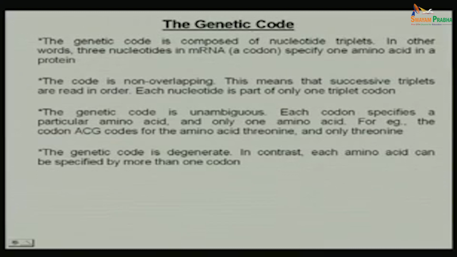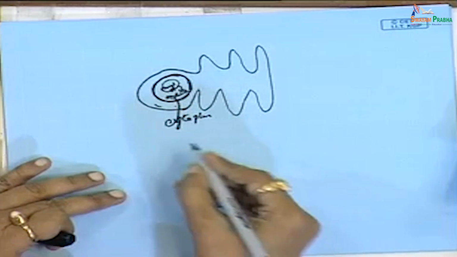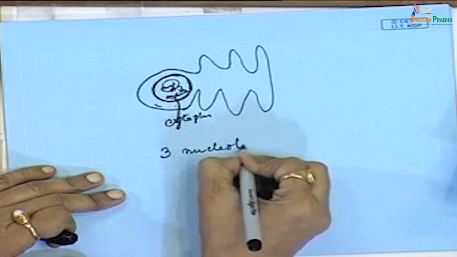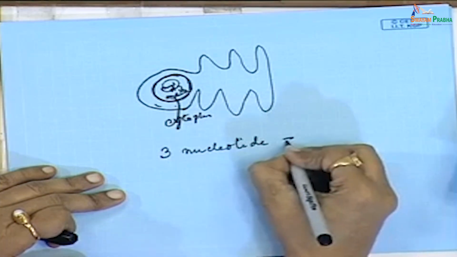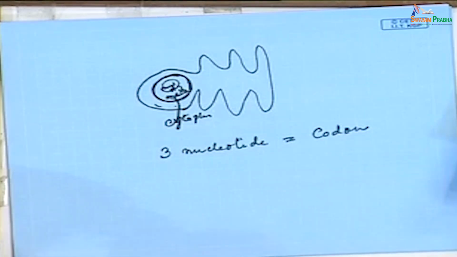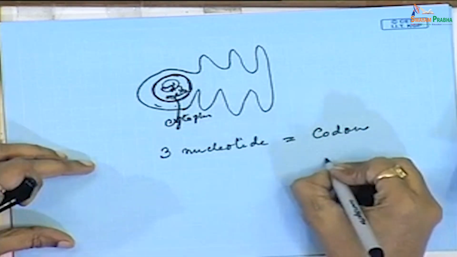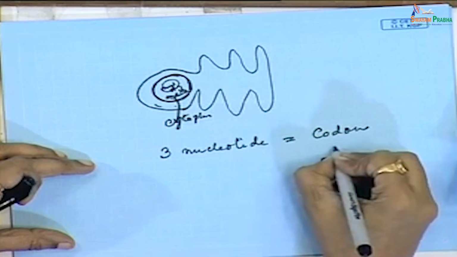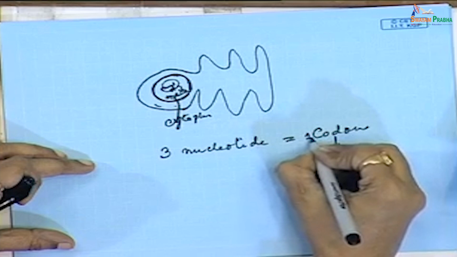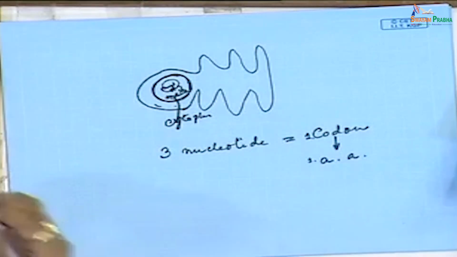So, what we can say is that 3 nucleotides make a codon, which specifies one particular amino acid. One codon is specified with one particular amino acid.